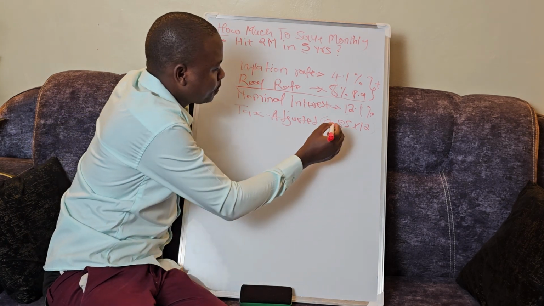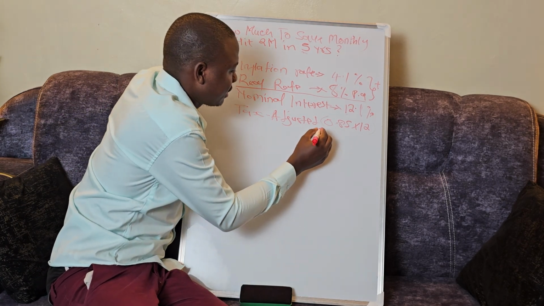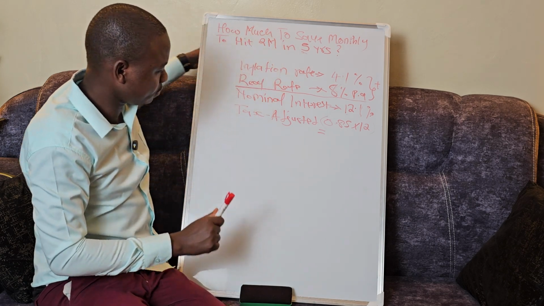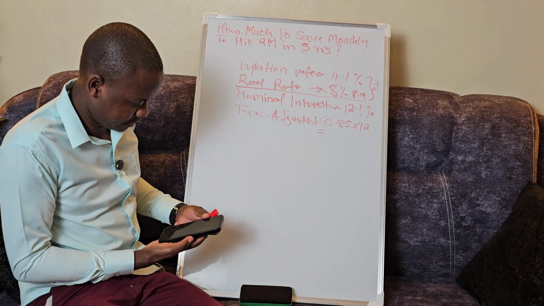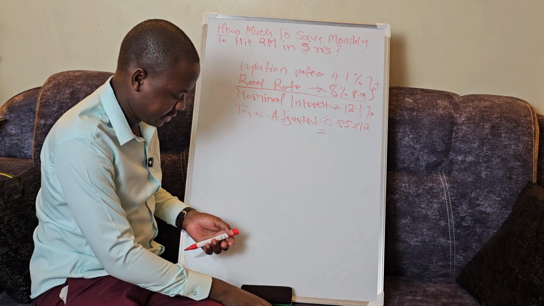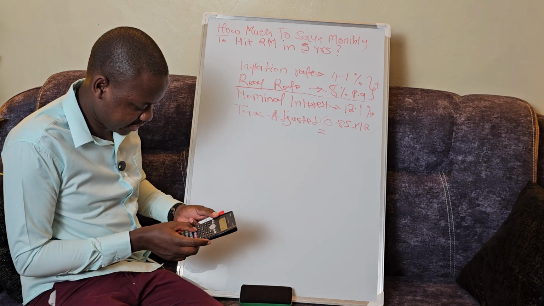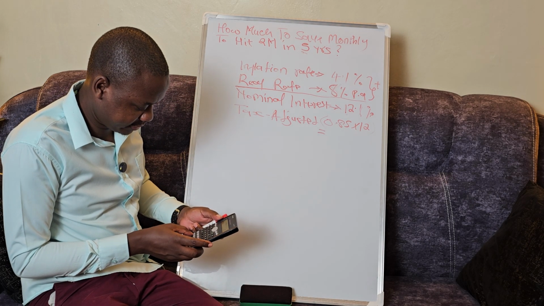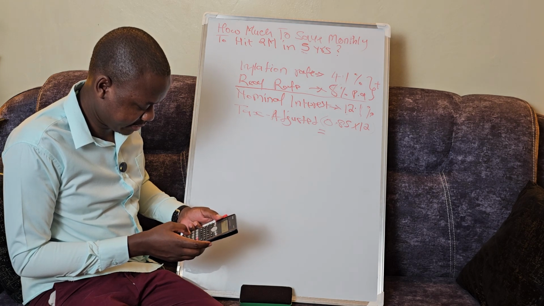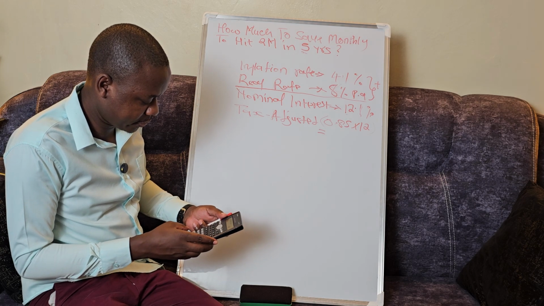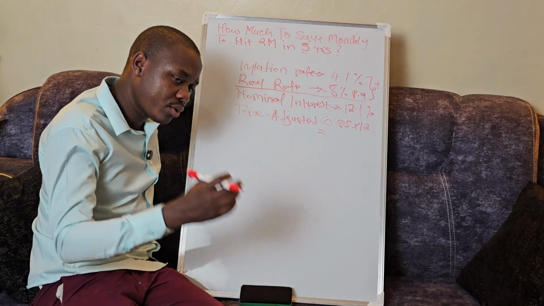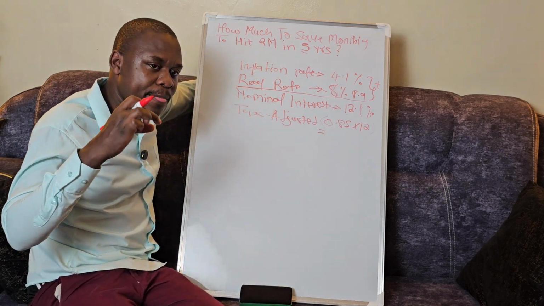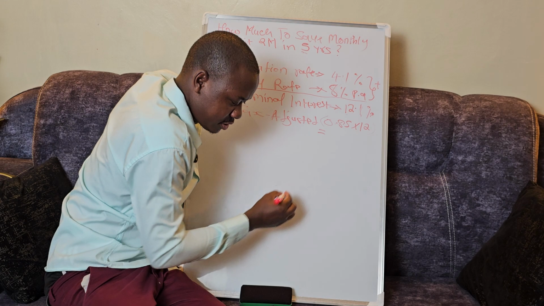So the tax adjusted rate would be 0.85 times 12.